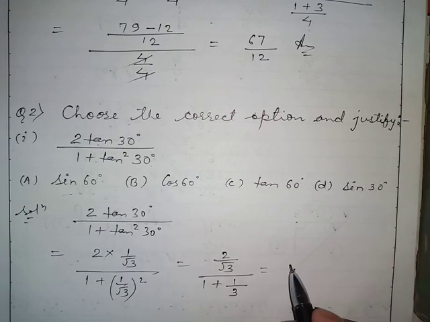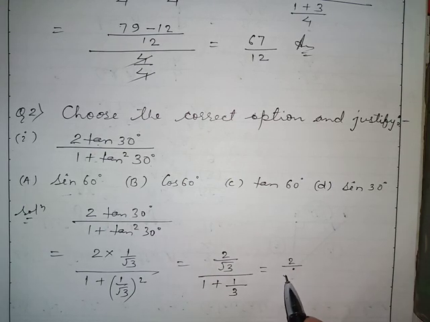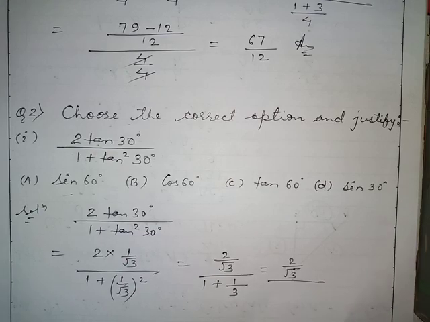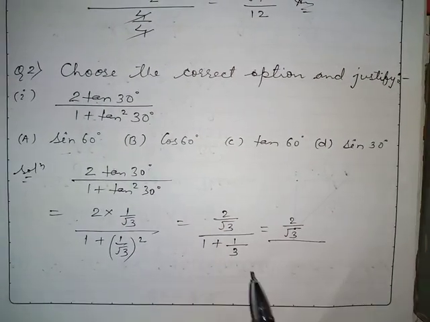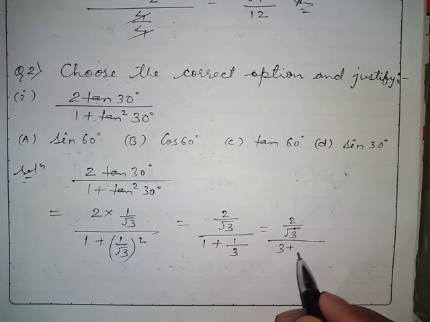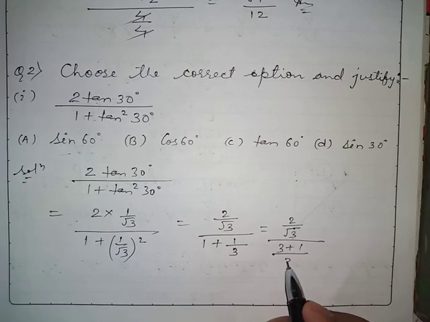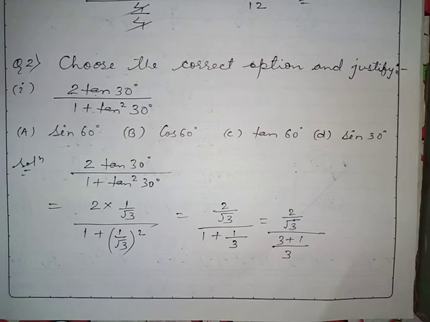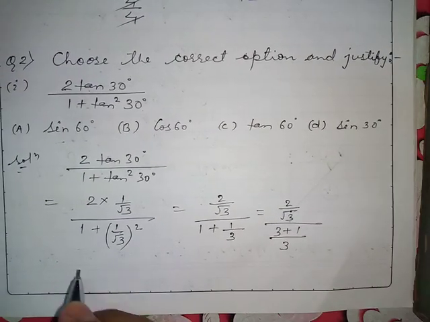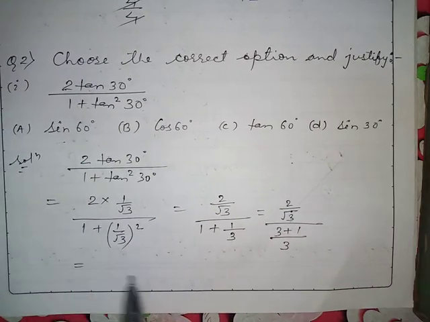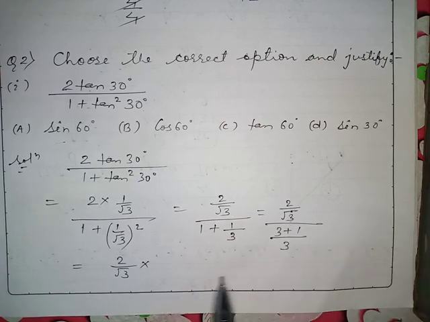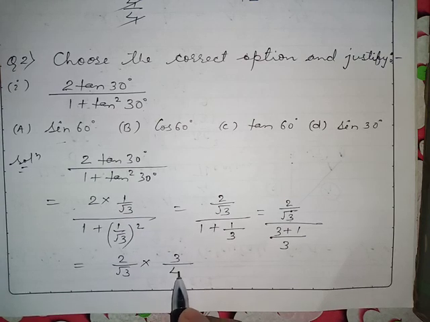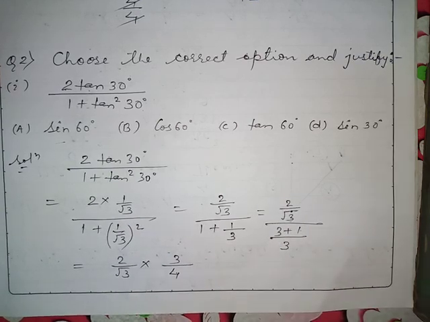Now solve this one. 2 upon root 3 by, take LCM here, that is 3 plus 1 by 3. So here that is 2 upon root 3 into, this will go as a numerator, 3 upon 4, 3 plus 1 is 4 here.